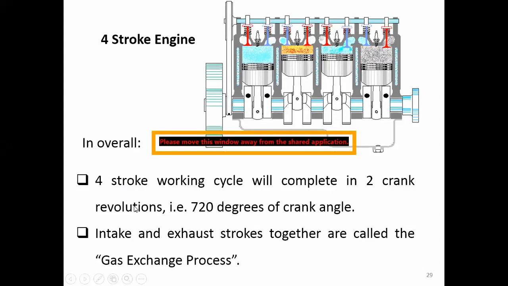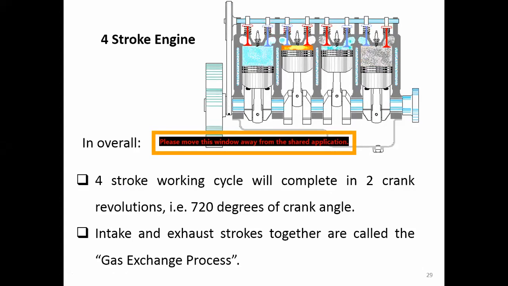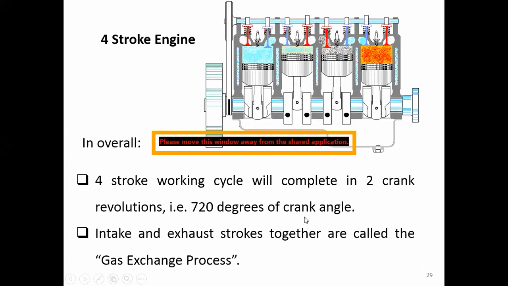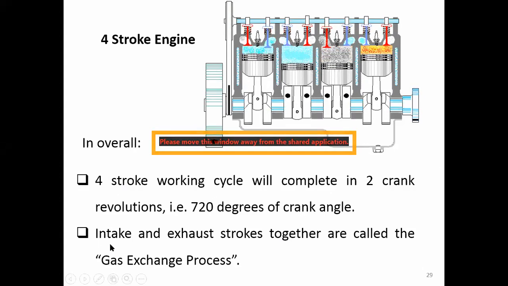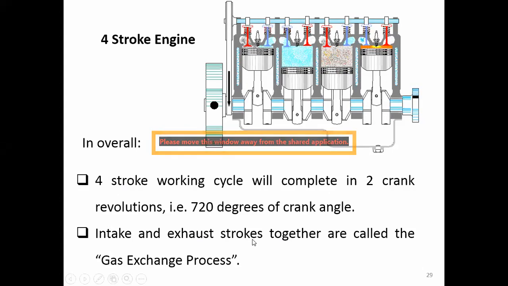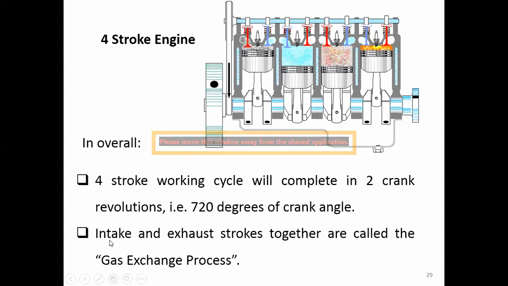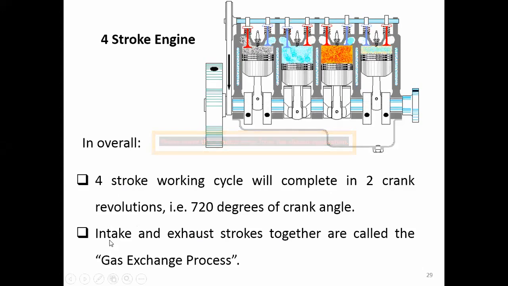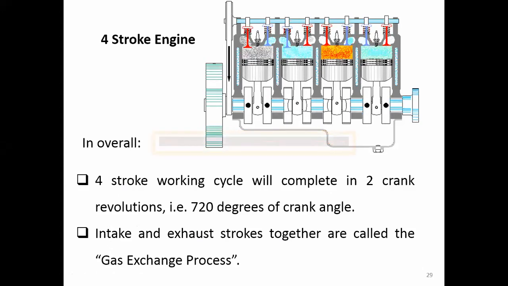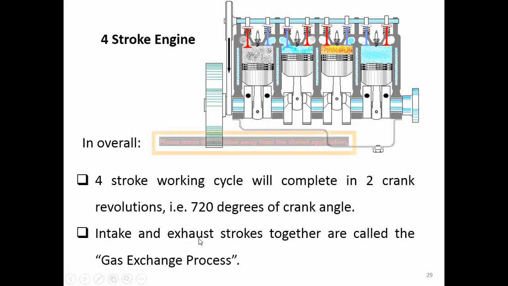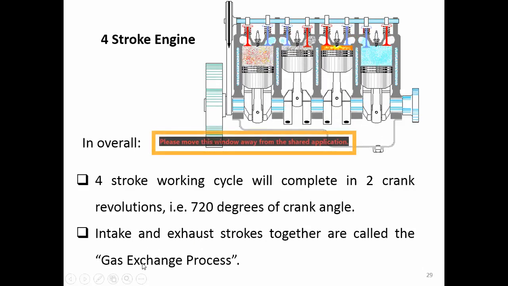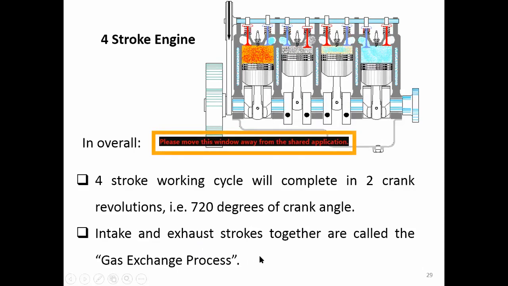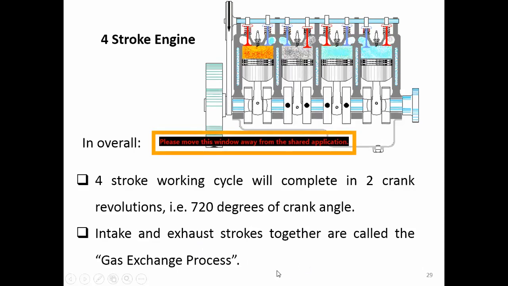That means the crank has to rotate twice, or 720 degrees of crank angle, in order to finish one cycle. The intake and the exhaust strokes, where we let the air-fuel mixture flow in and the exhaust gas flow out, together we call the gas exchange process, or scavenging process.